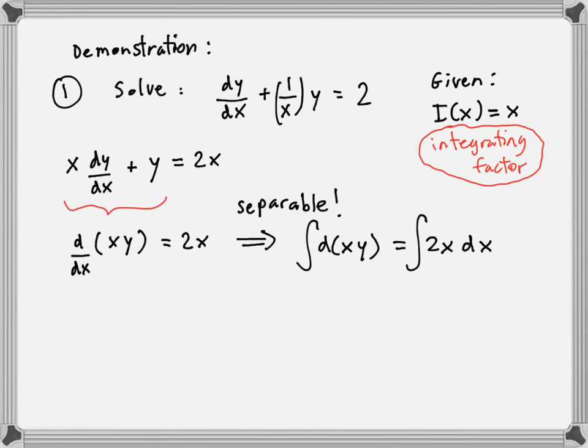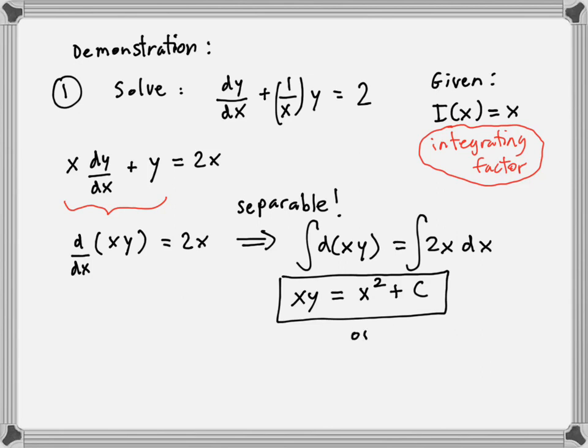And the left side, the integral of d of xy is just xy. So we get xy is equal to x squared plus c. So this is how we would write our answer. Or if we divide everything by x, we get y is equal to x plus c over x. That's another way of writing our answer.